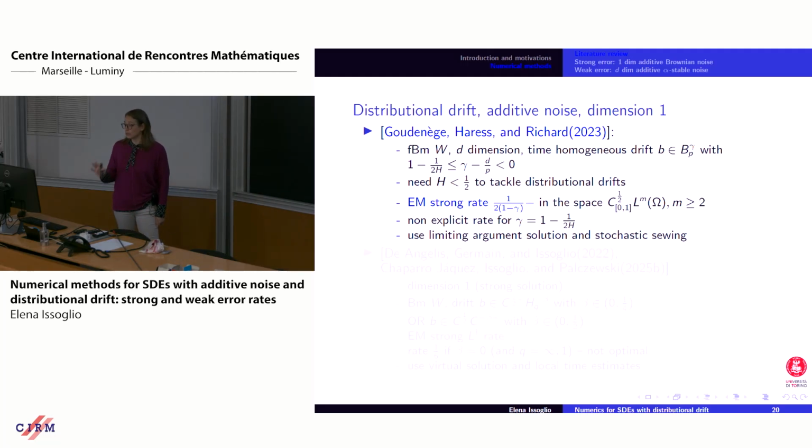So they do not cover the Brownian case, or they cover the Brownian case, but the drift is not a distribution when H is 1/2. So if they want to have a distributional drift, they must have H smaller than 1/2. However, they work in dimension d, and they find a strong rate of convergence of order 1/2 times (1 minus gamma). They do L^p in omega, and also C^{1/2} in time error rate.